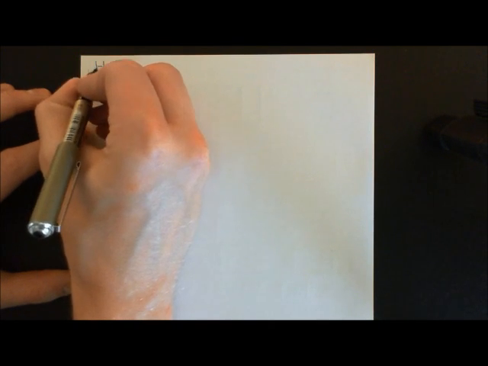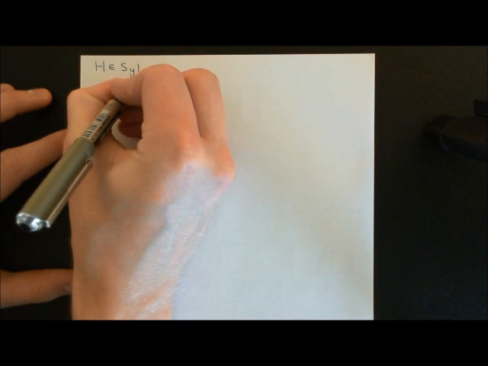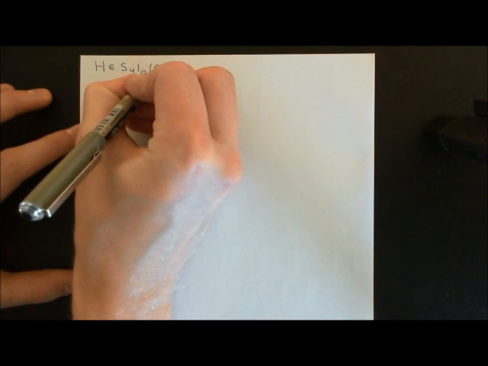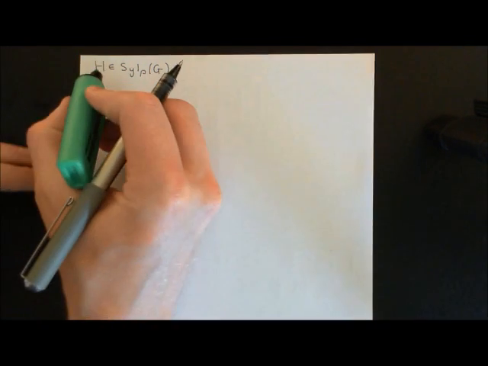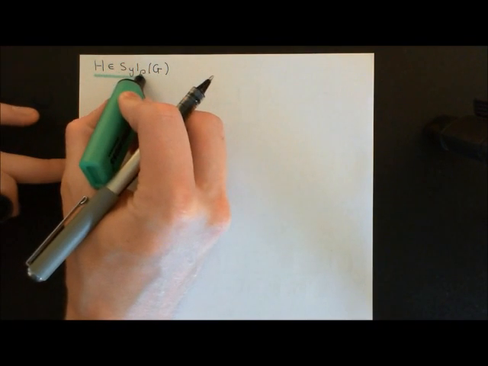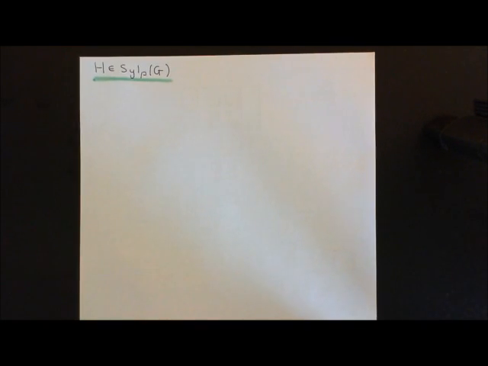Let capital H be an element of this set of Sylow P subgroups of the group capital G. What I want to show you is that if we conjugate this subgroup capital H by some element of the group capital G, then the subgroup that we get will also be another Sylow P subgroup.